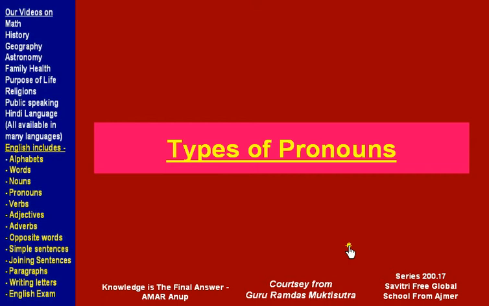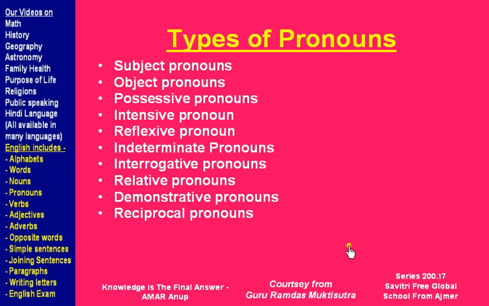So what are various types of pronouns? We saw which are the pronouns, but then what are various types of pronouns? There are many types of pronouns and we will talk about them one by one.